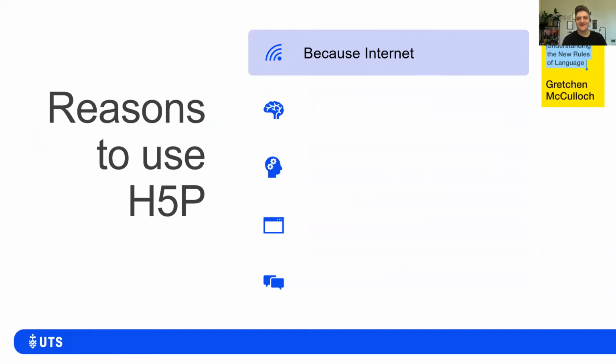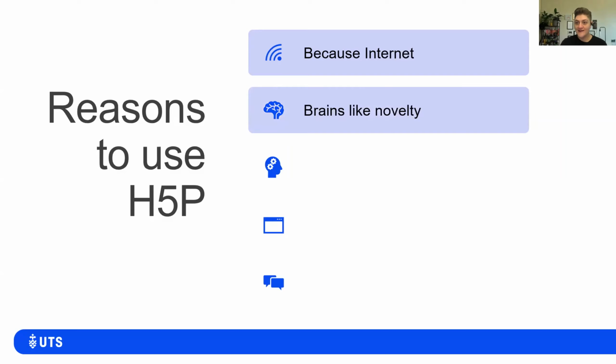What I mean here is that the medium that we're working in is inherently one of hypertext and hypermedia, which means that there's a really great opportunity to work beyond static content. And this is valuable because our brains like novelty.